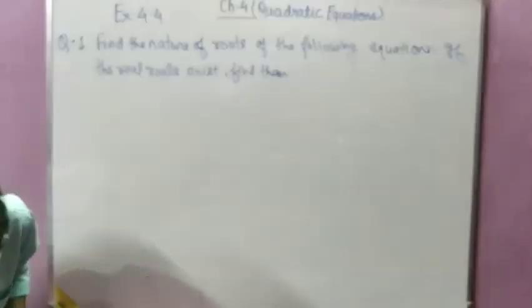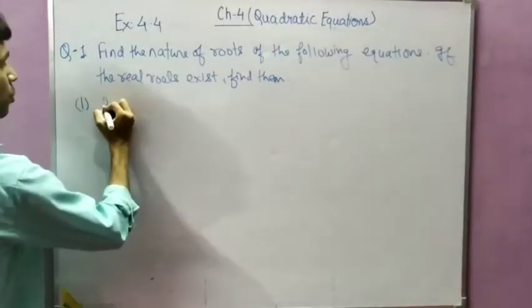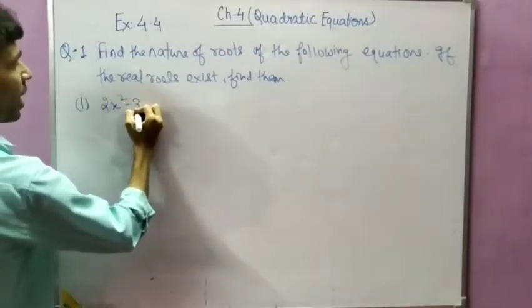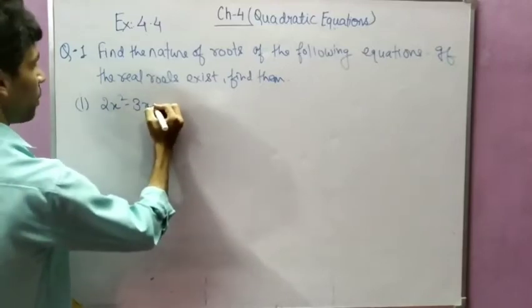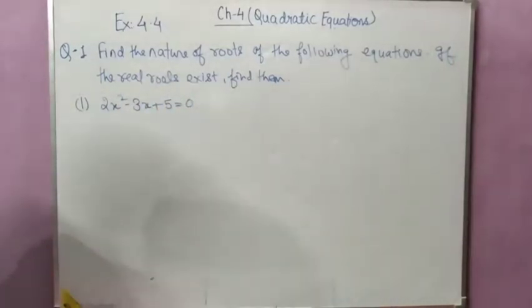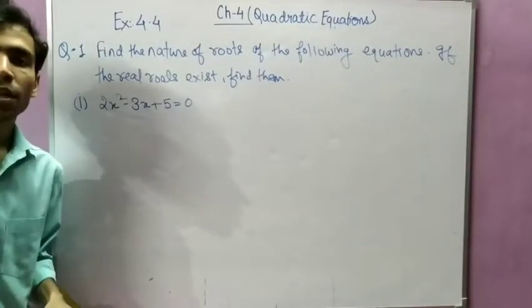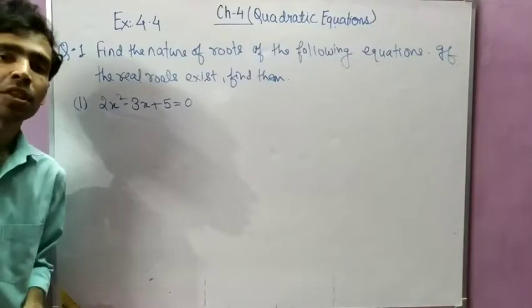Okay, so one question I can solve. The first question is 2x square minus 3x plus 5 equal to 0. First you have to check the nature of roots. For the nature of roots, we have to calculate the value of D, known as the discriminant.